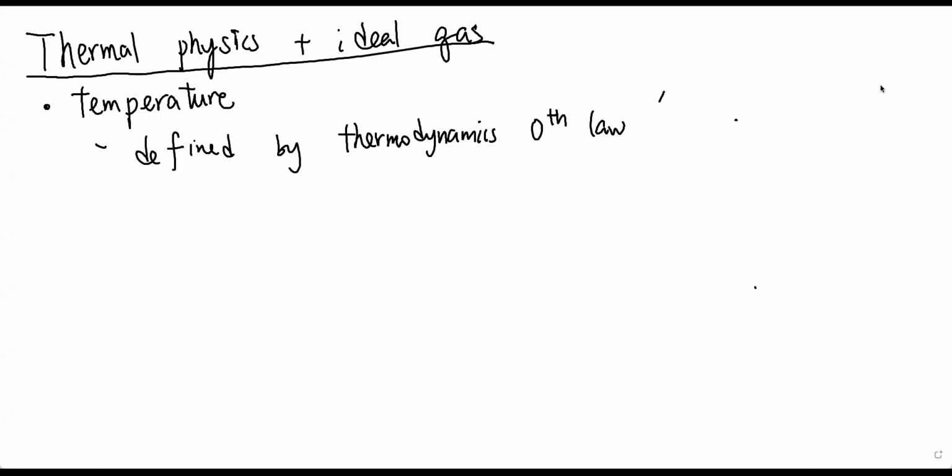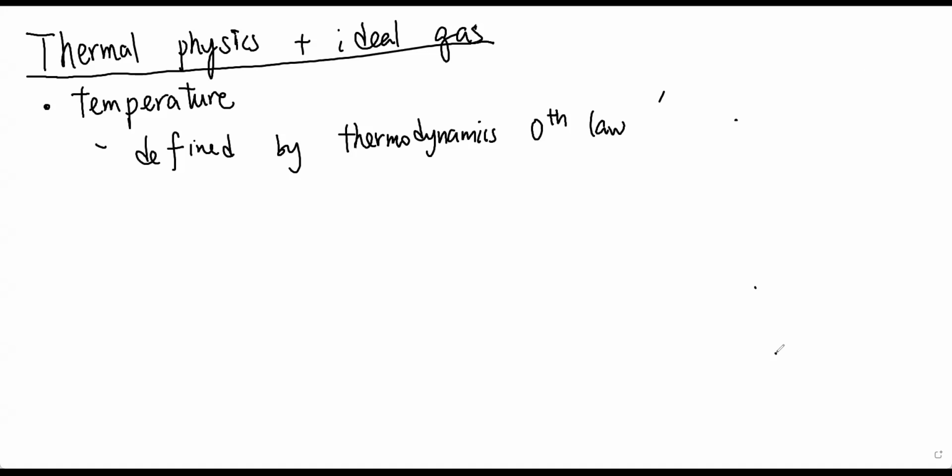Now we define temperature by the thermodynamics Zeroth Law. Why does it seem so strange, with the law starting from zero? It's due to history. Actually there's a first law, second law, and third law. After they had made the three laws, first, second, and third, they found that they forgot to define temperature.